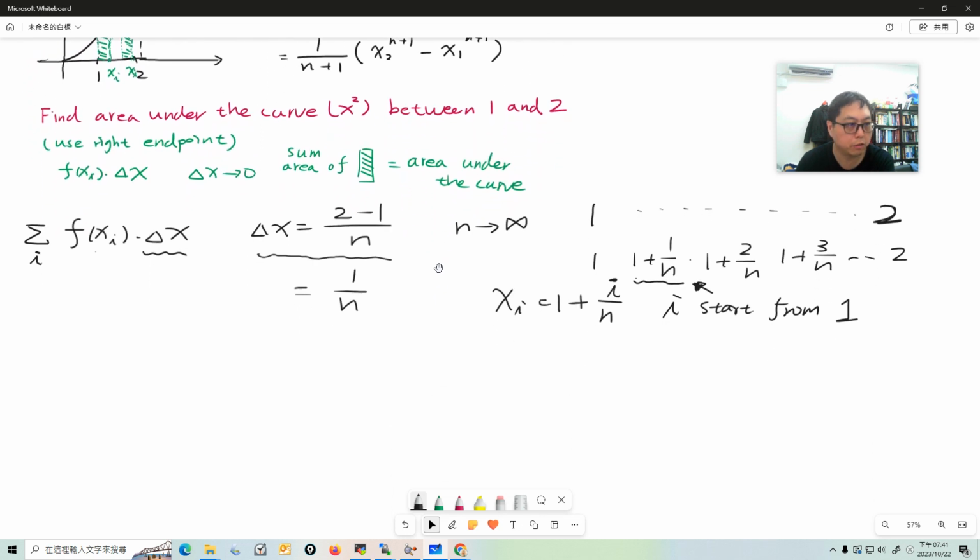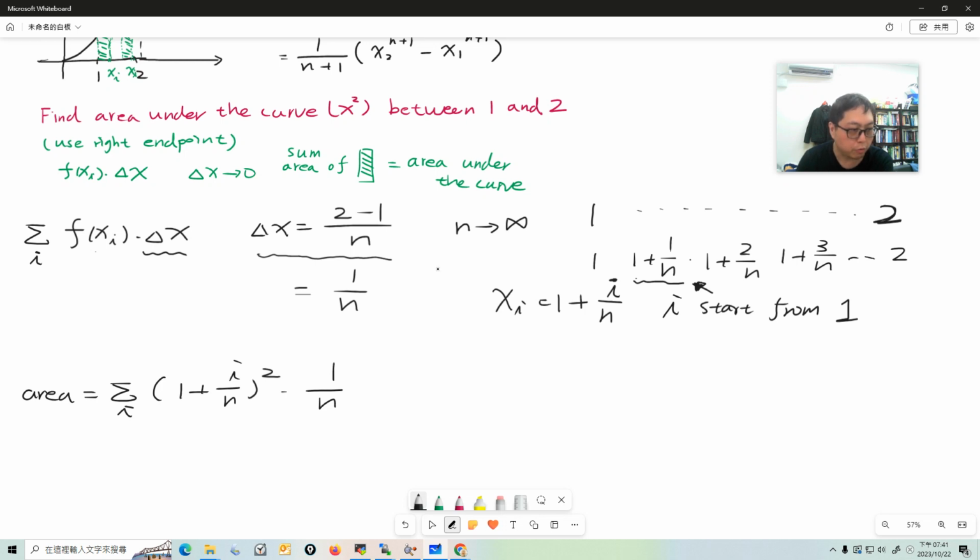We can lump this information together. So our area is equal to the summation over i of f of xi, where our function is x to the power 2. So xi is 1 plus i over n, squared, times 1 over n.